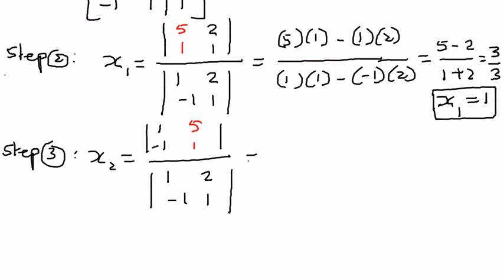When we expand this, it comes out as follows. We have 1 times 1 in the numerator, minus negative 1 times 5.